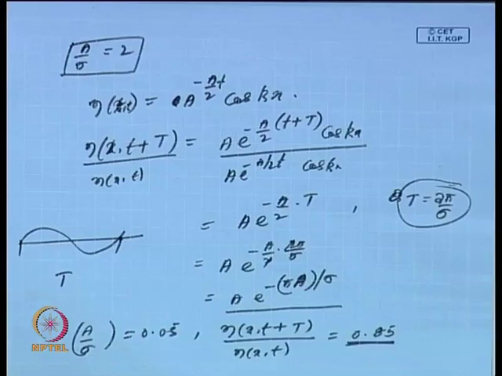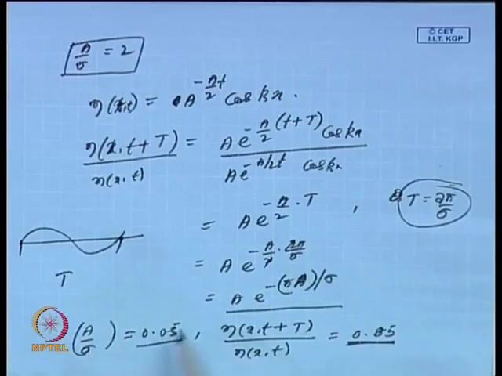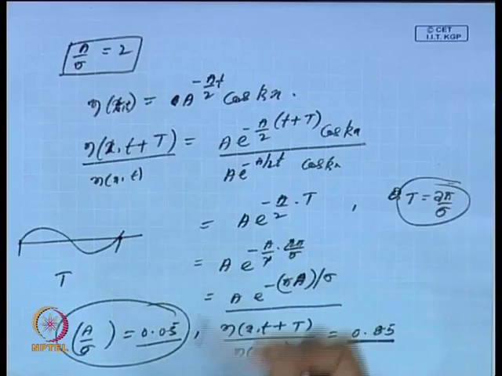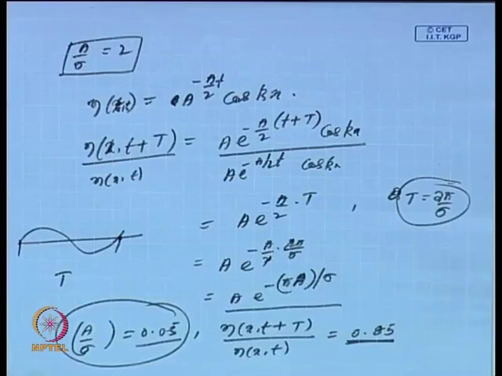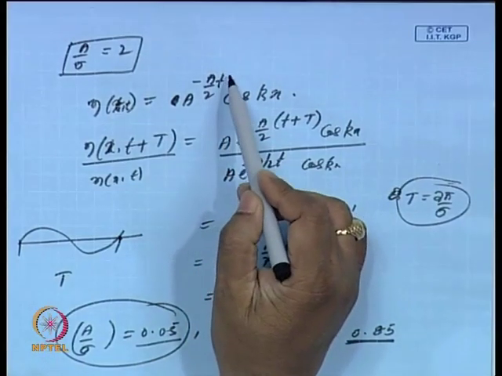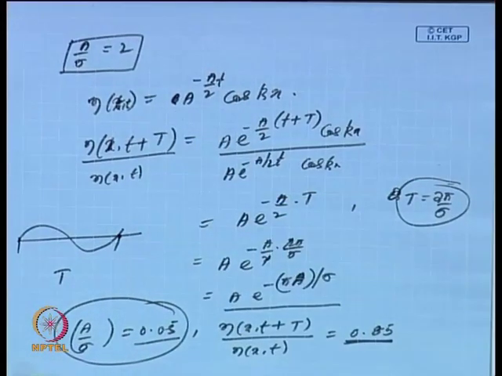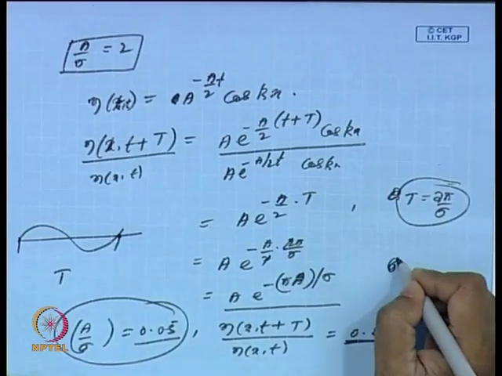So that means when I have taken a/sigma as just 0.05, a is a very small quantity.